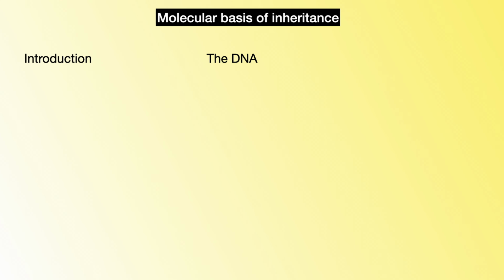Now, let us discuss the structure of DNA. Two important things we see here: its structure and how it is packed. We will start with a molecule, deoxyribonucleotide. It is a monomer. Arrange multiple deoxyribonucleotides side by side.